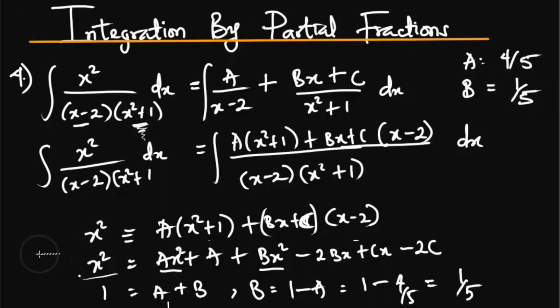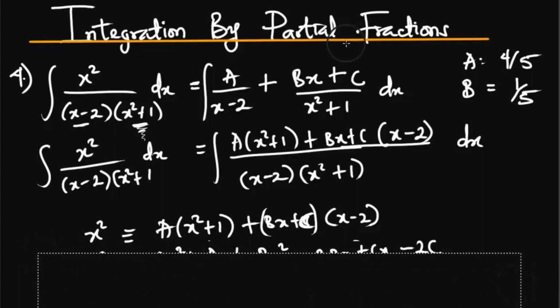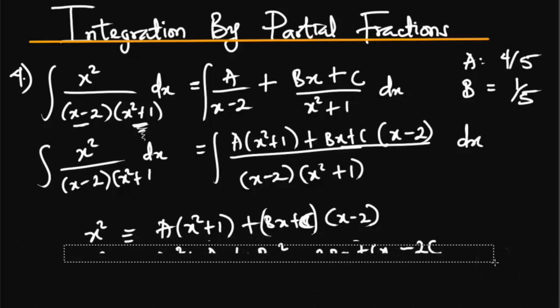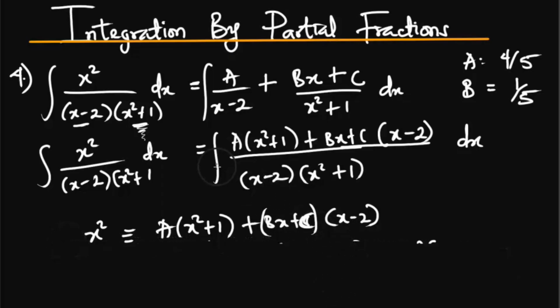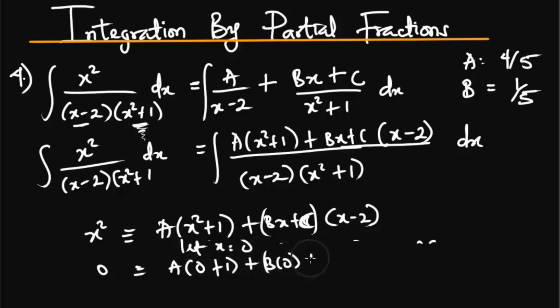So now, how do we get c? We can make x equal to 0. So let x equal 0. We're going to have 0 equals a into 0 plus 1, plus b into 0 plus c into 0 minus 2. And so 0 equals a plus, 0 plus 1 is 1 times a is a, and b times 0 is 0, and c into minus 2.